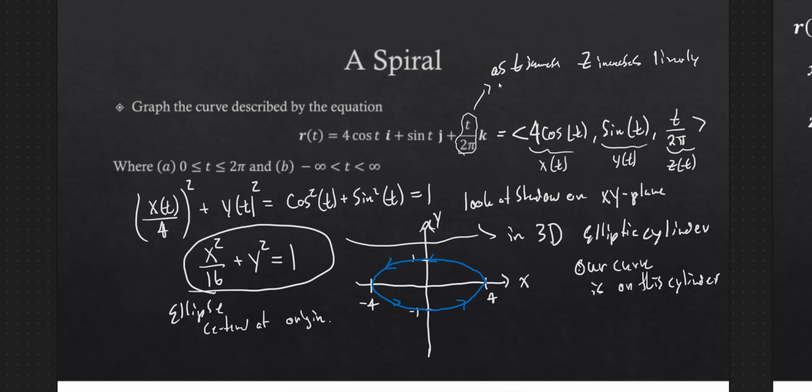And the reverse is true as well: as t decreases, z decreases linearly. So it's traveling along the cylinder. As t increases, I move upward along the cylinder in the z direction. As t decreases, I move downward along the cylinder, circling it in that way.